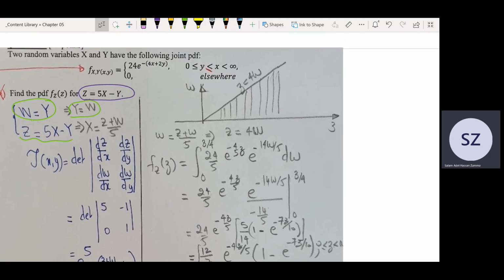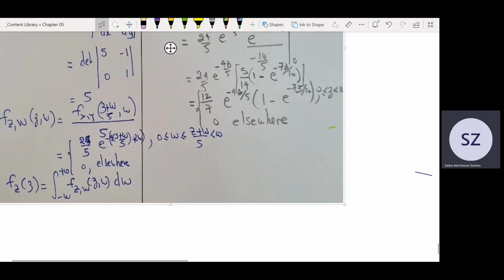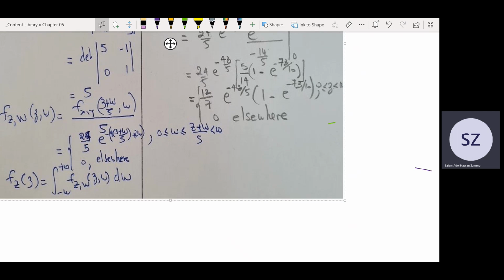We go over this and we have the joint PDF of Z and W, for 0 less than or equal to W less than or equal to (Z plus W) over 5, and 0 elsewhere.